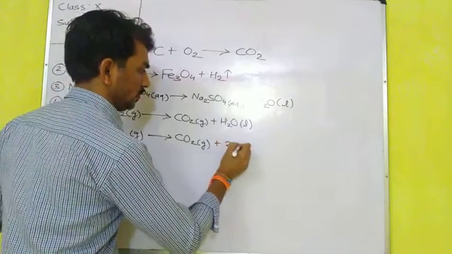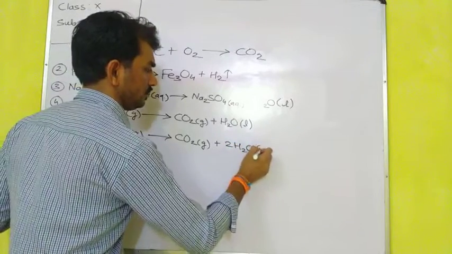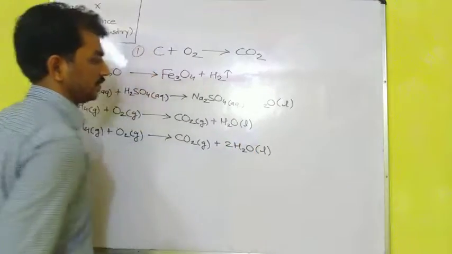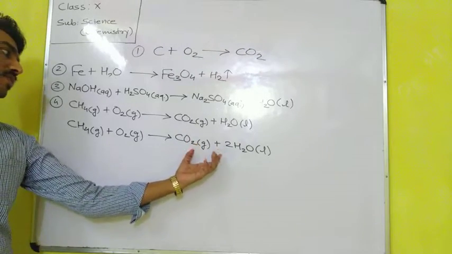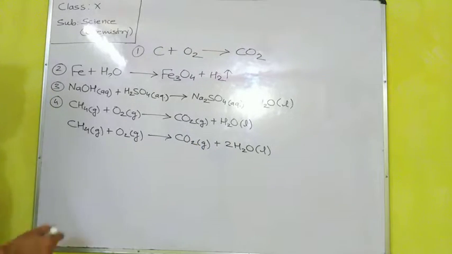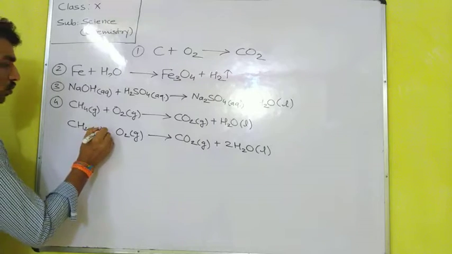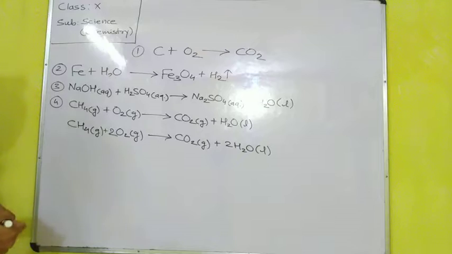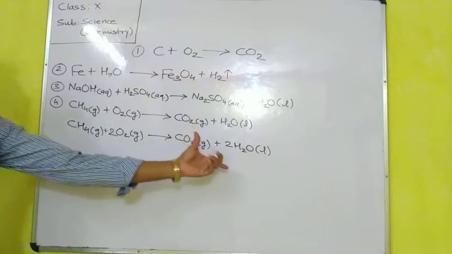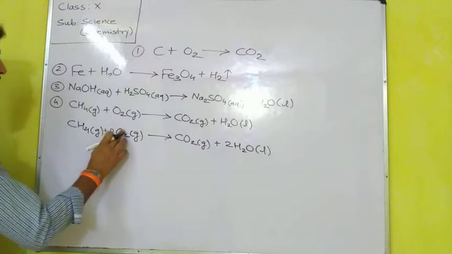So 2 into H2O. Now here 4 atoms of oxygen are present, here 2 atoms of oxygen are present. So easily we can multiply it by 2 O2. Now in the reactant side 4 atoms of oxygen, in the product side also 4 atoms of oxygen.